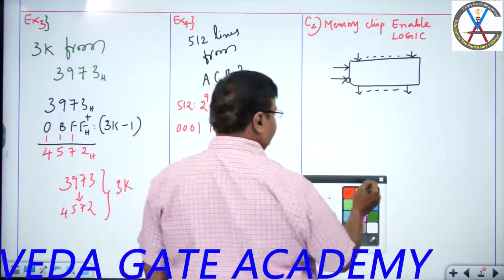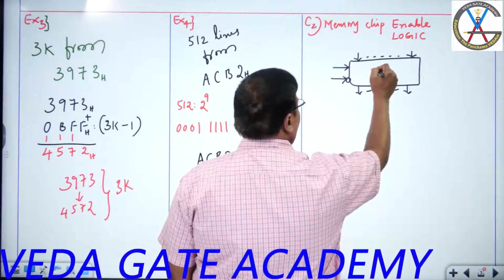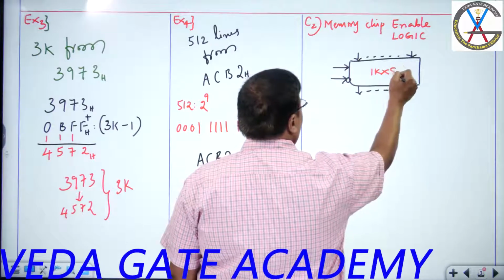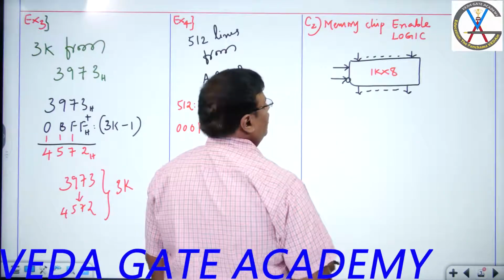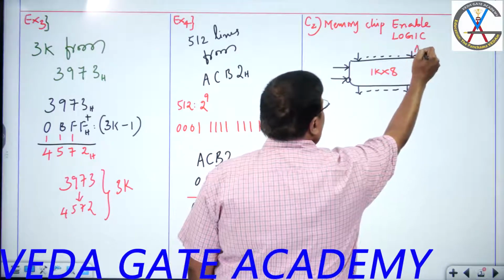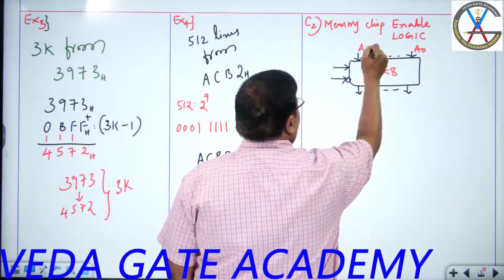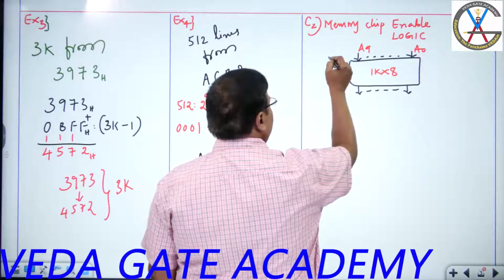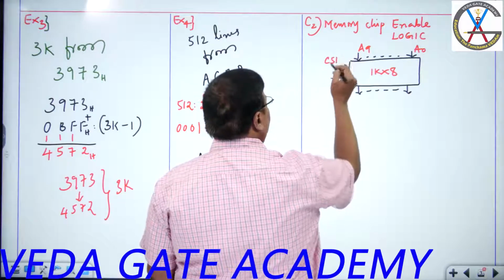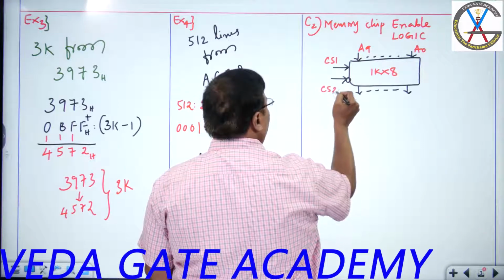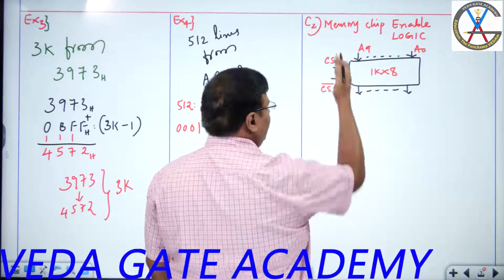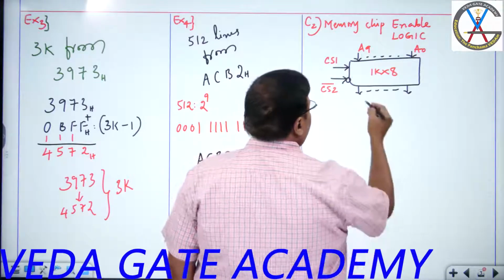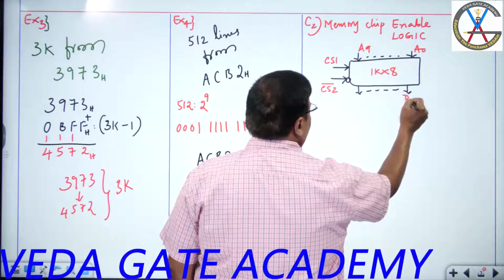Say 1K into 8. 1K means 10 address lines. So A0 to A9 address lines. 2 chip enables. Chip enable 1, chip enable 2 bar. So high enable, low enable. So into 8, so data D0 to D7.